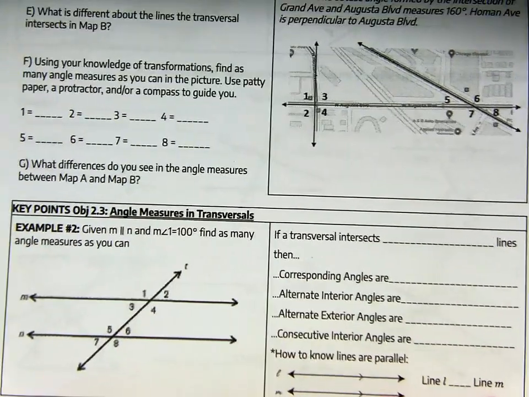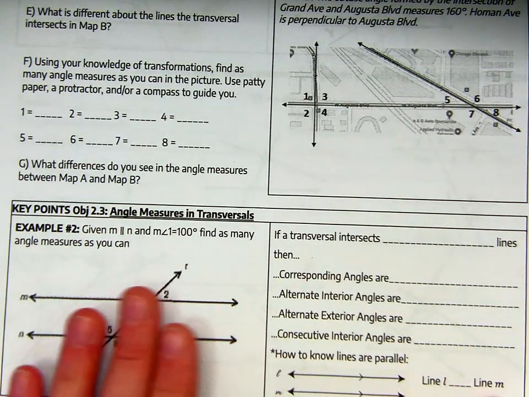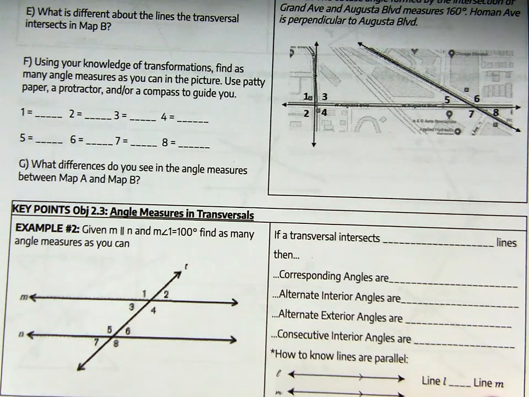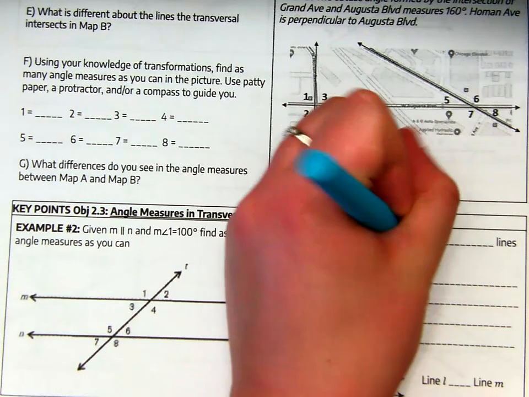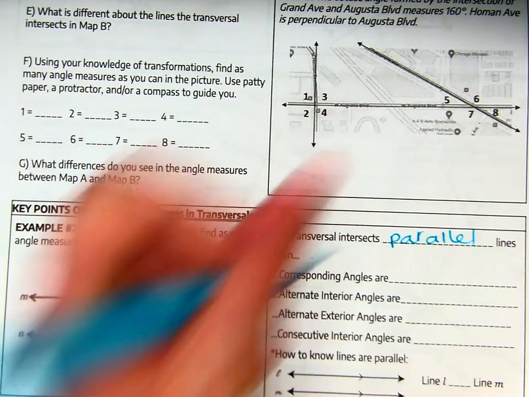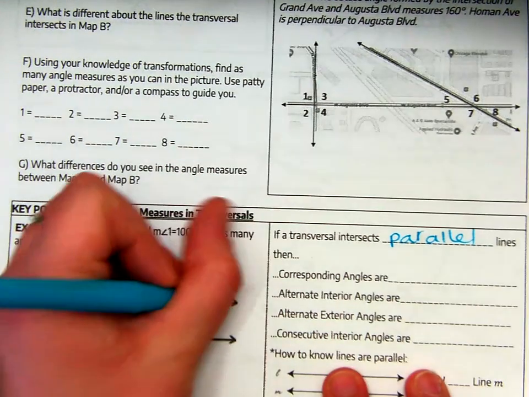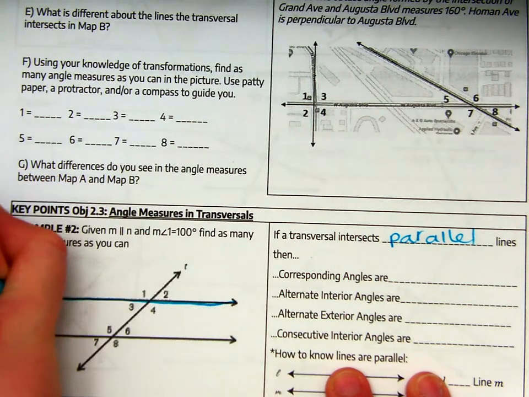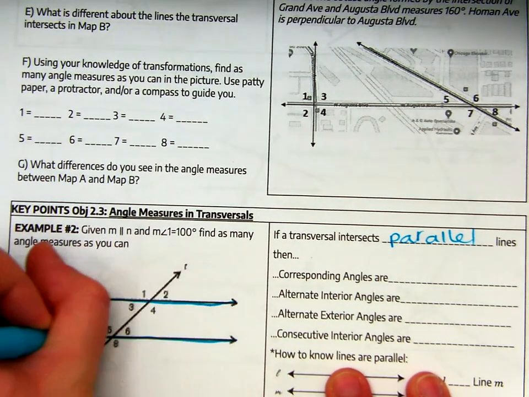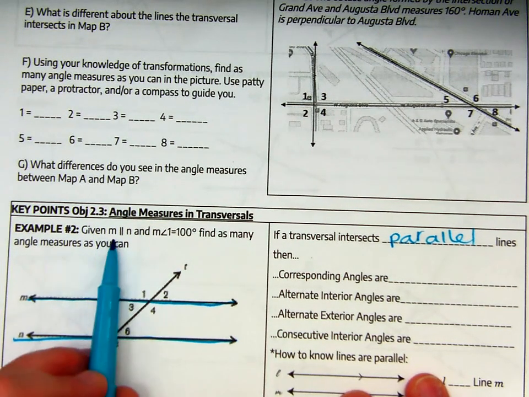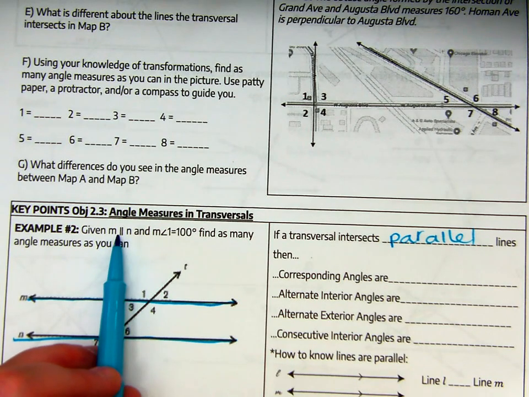Right? So, you need to know about this picture. If a transversal intersects parallel lines, then some good stuff happens. Right, so let's look at the picture before I tell you. Okay? If I look at this picture, I'm given this symbol, and this means parallel. Right?